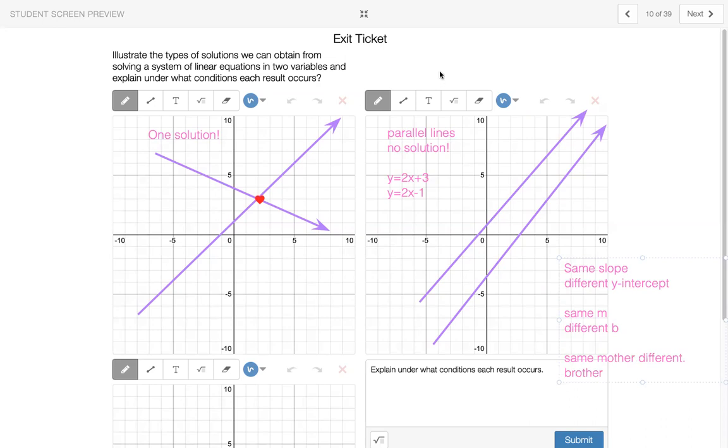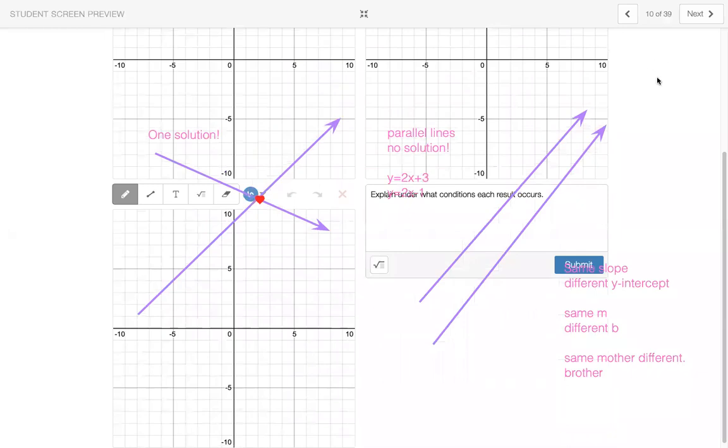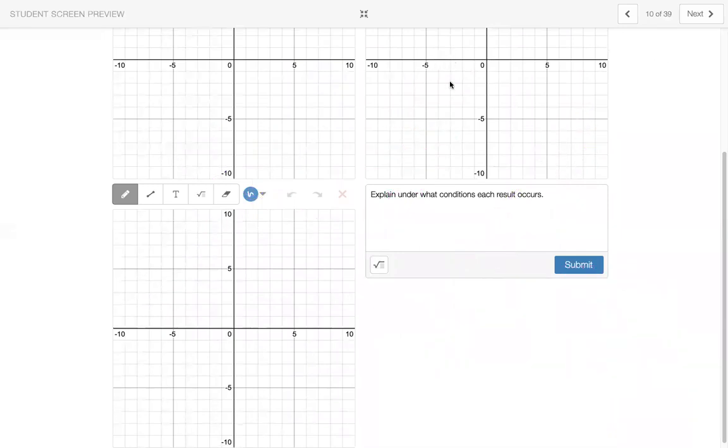Capiche? Sound good? And then you have the infamous infinitely many solutions, which is this. So the same equation, lo and behold, it's the same equation, infinitely many solutions.